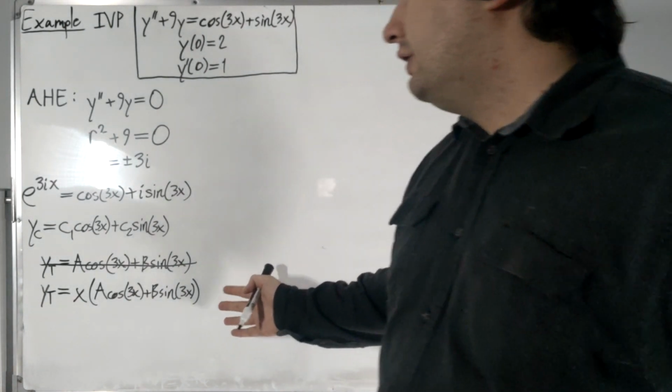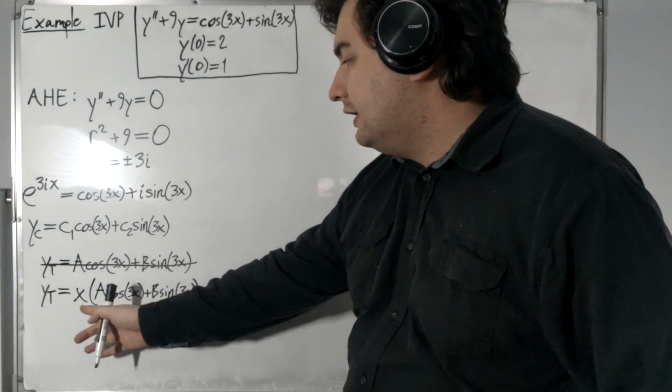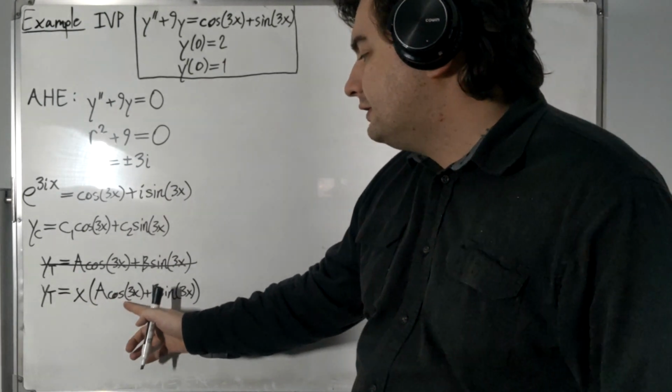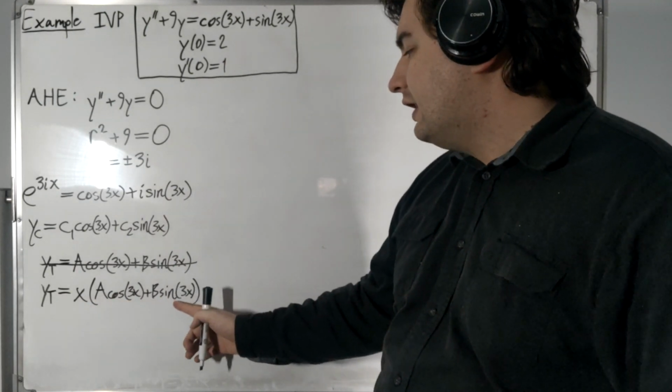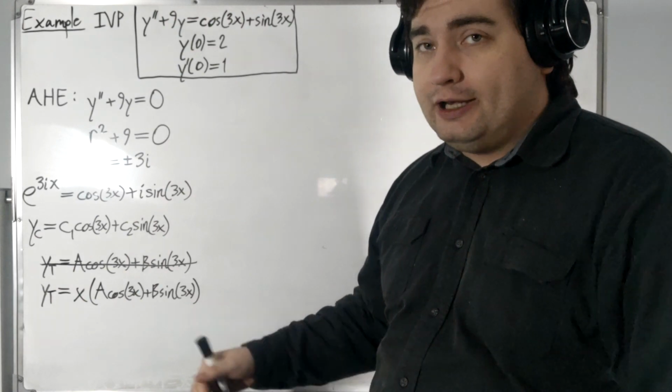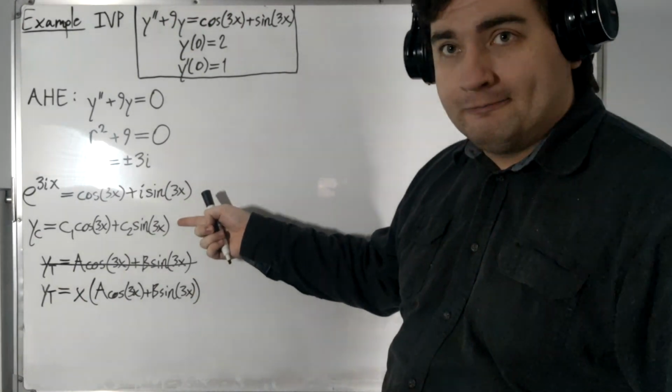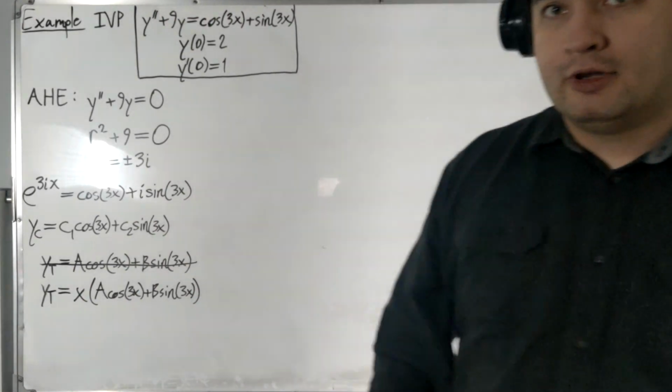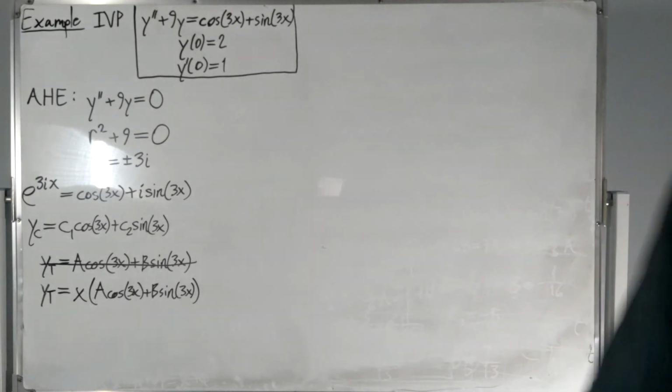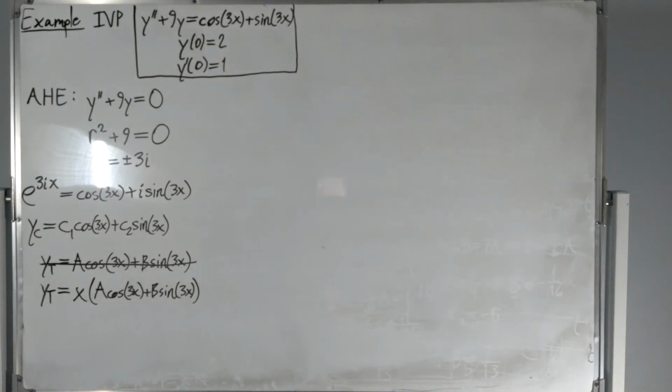And now duplication no longer occurs, because now x cosine of 3x and x sine of 3x are both linearly independent from this thing. So now we can proceed.